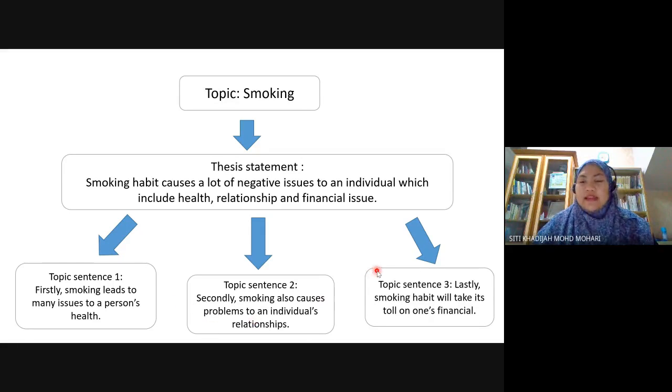And for the third body paragraph, you have topic sentence number 3. Lastly, smoking habit will take its toll on one's financial. Okay, these are examples of topic sentences and one thesis statement.